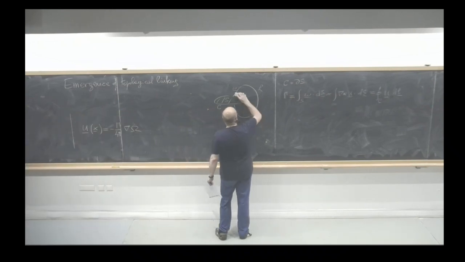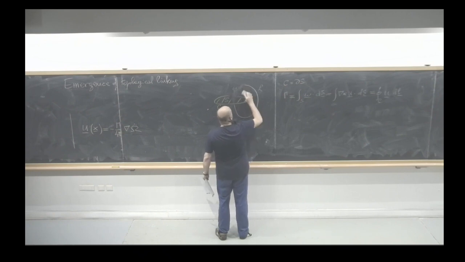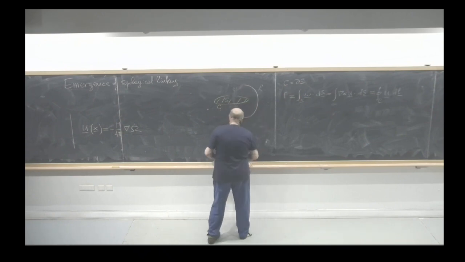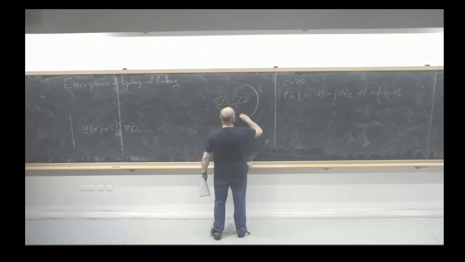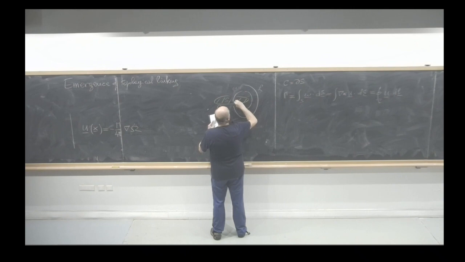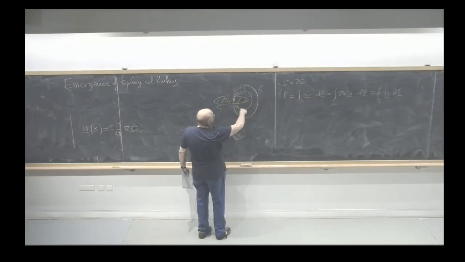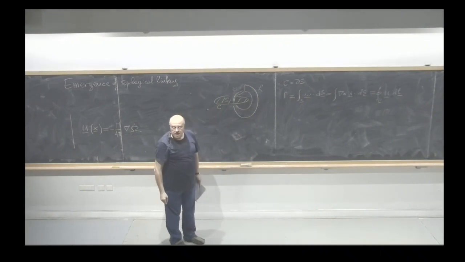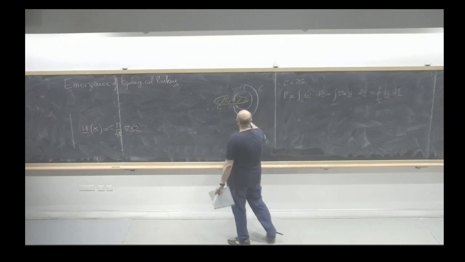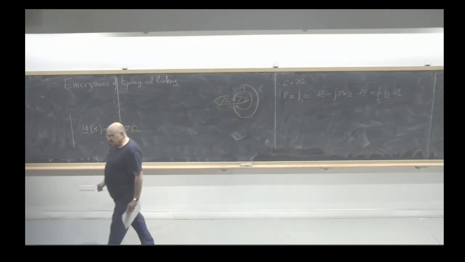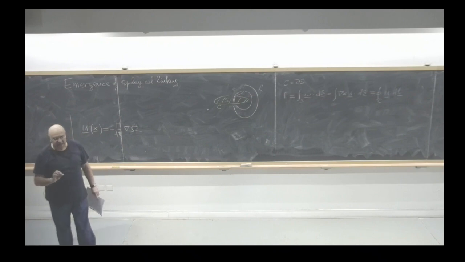For example, consider this not as is drawn, but as making a number of loops. Sorry, I'm terrible about drawings. Something like this, you see? It goes like this a number of times. And I'm assuming that it pierces this surface in single points, isolated points.